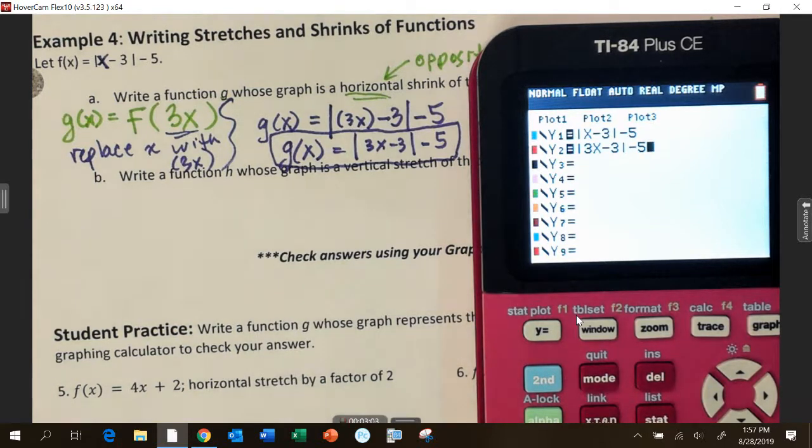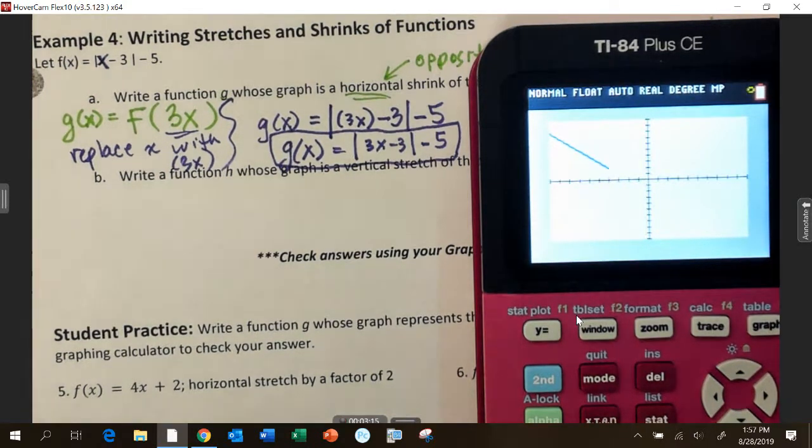And now we talked about what a horizontal shrink will do to the picture. If I came and shrunk you horizontally, it should make it skinnier. So we hit graph and we see if that looks right. Here's my original. Does it look skinnier?